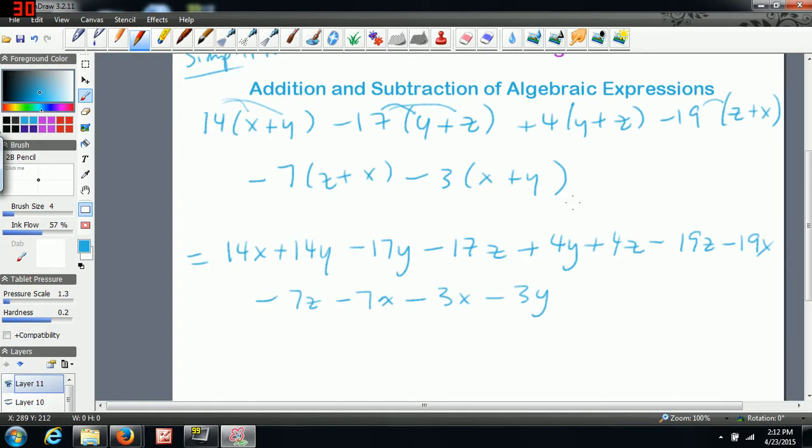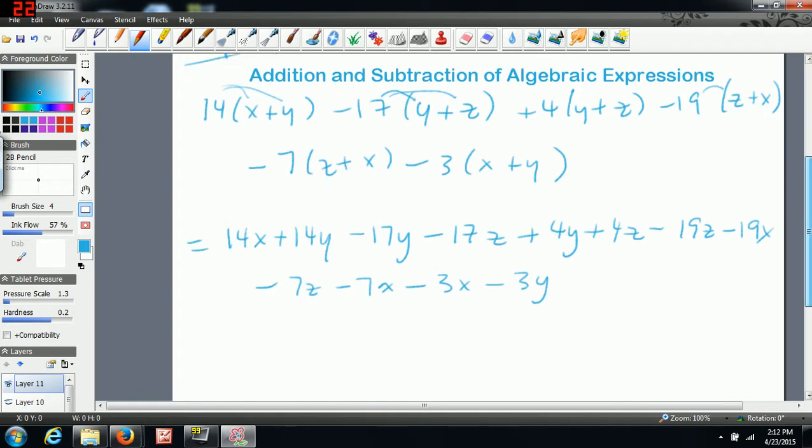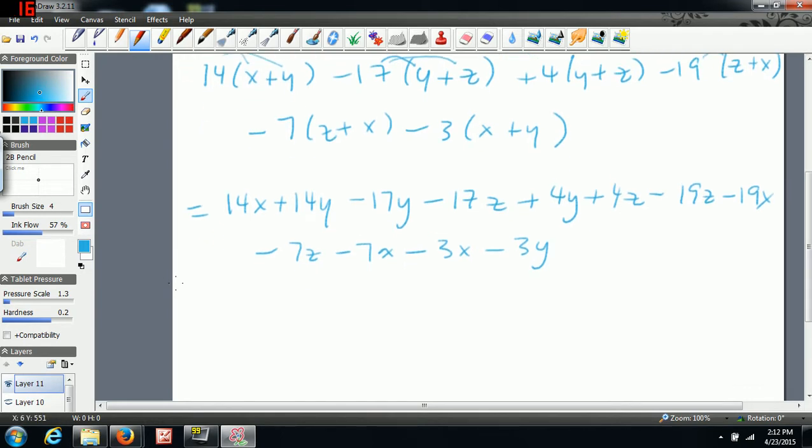Okay, so we will have a part 2 to this lesson. So for now, let's stick to simpler examples, but I will do one with more complicated examples, where you've got different powers of variables or more than one variable, etc.